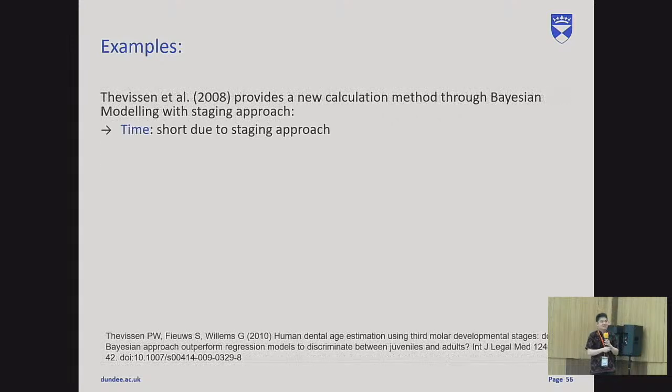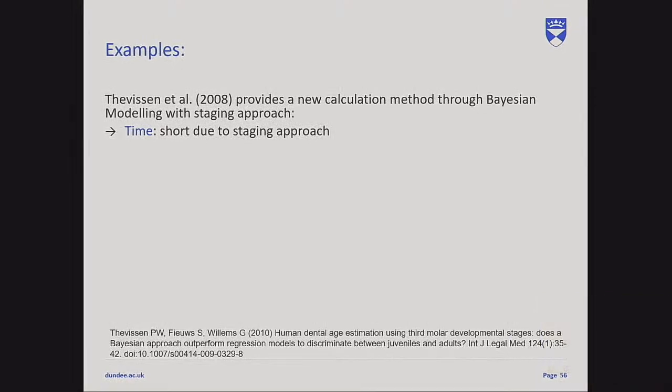Next example, Thevissen et al. gives a Bayesian calculation. It's great to determine if someone is above 18 or below 18 years old. Time is short, of course, you just stage 1 tooth or 4 teeth, done. Reliability is excellent. He even tested it on multiple populations, and it still does well.